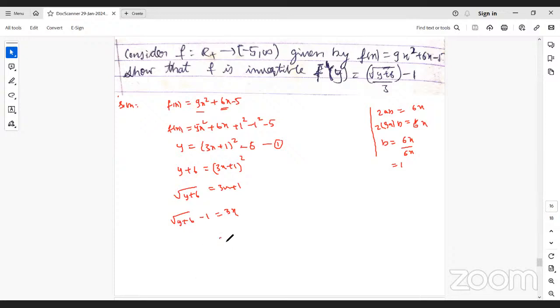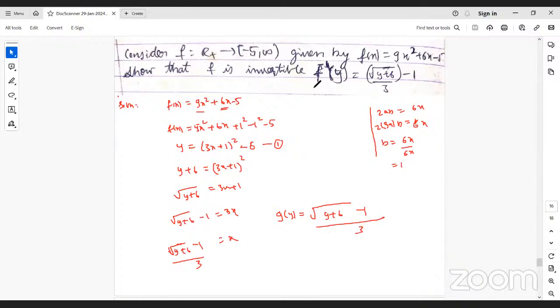Or x will be equal to root of y plus 6 minus 1 whole divided by 3. And this function will be the g of y function. So g of y will be equal to root of y plus 6 minus 1 divided by 3.